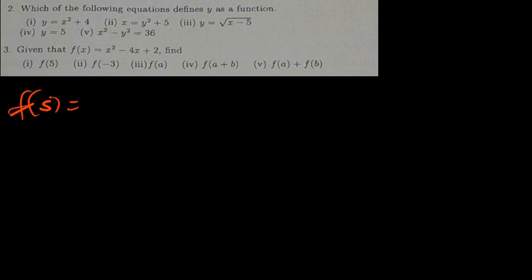So it will be 5 squared, 5 to the power 2, minus 4 times 5, plus 2. So 25 minus 20 plus 2. What's the answer? 5 plus 7.